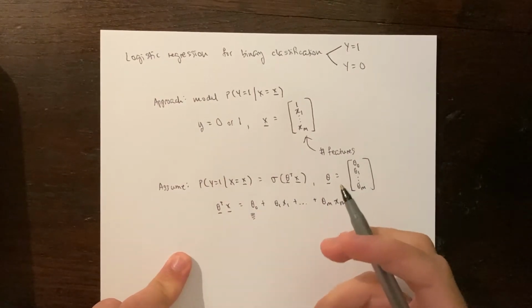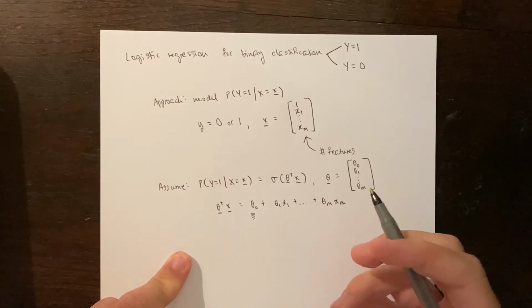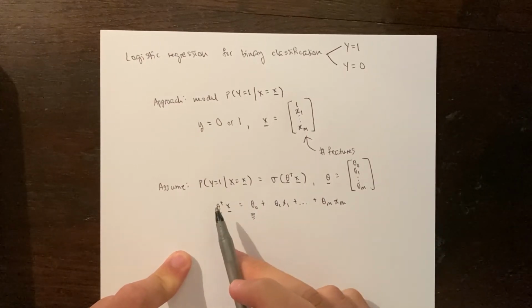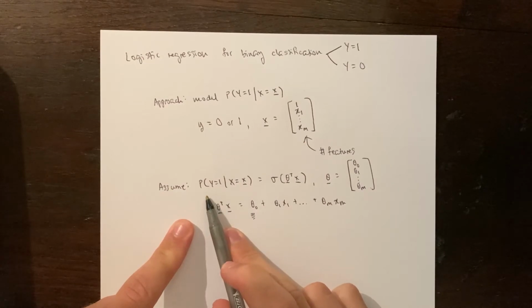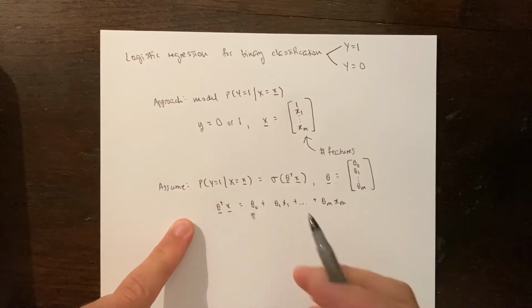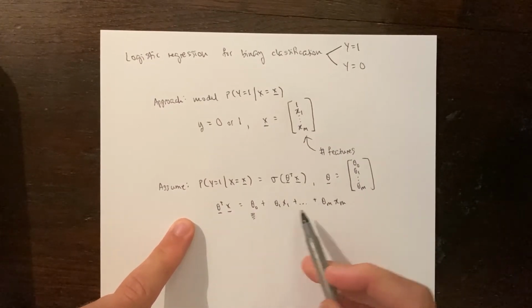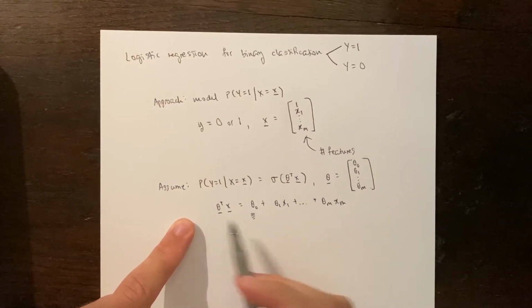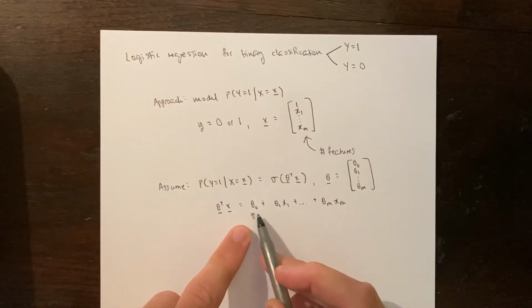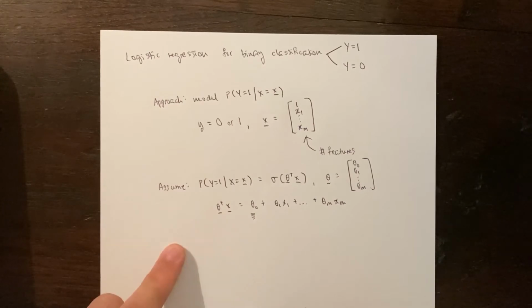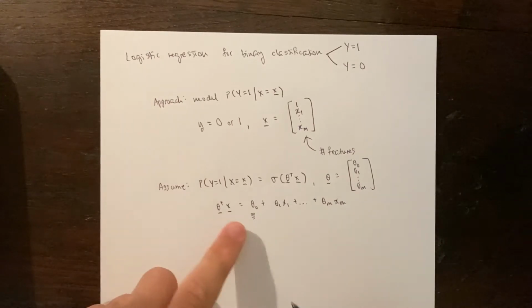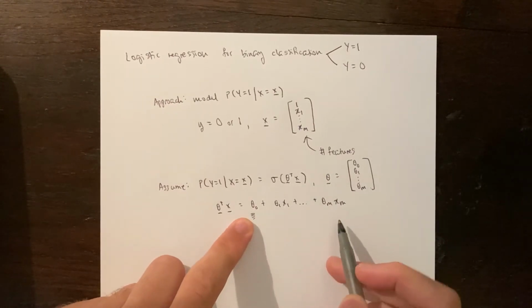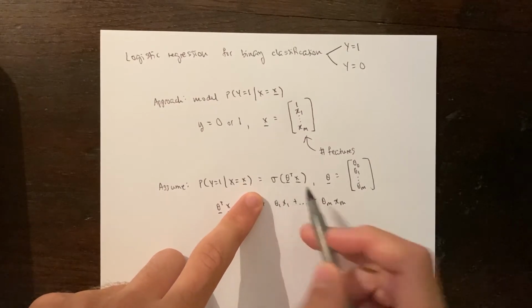Okay, so we use these m features to say something about the probability that the data point x belongs to the class y equals 1. And we can control the extent to which each of those features contributes to that probability by changing the values of these theta parameters. Then after calculating this weighted sum, we pass it into this sigma function.